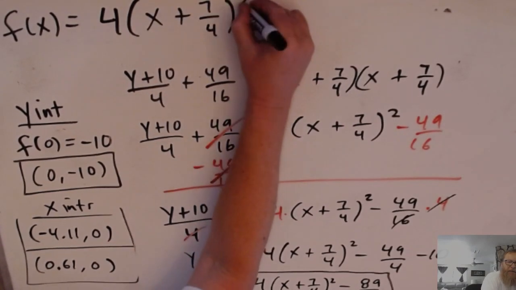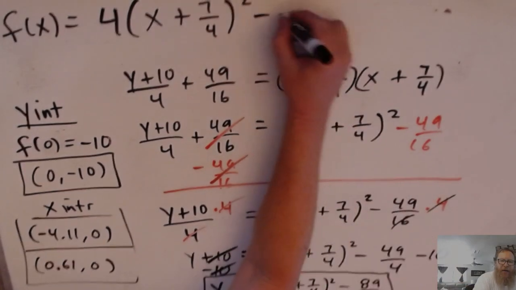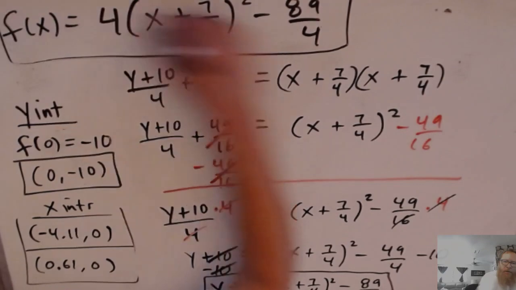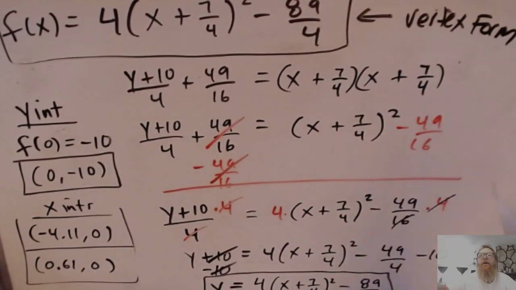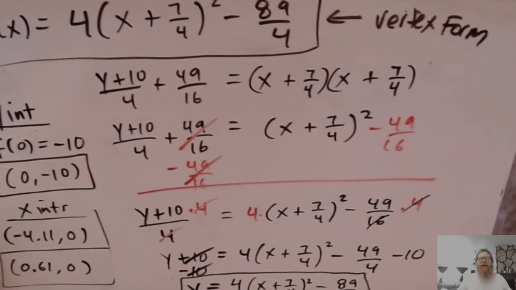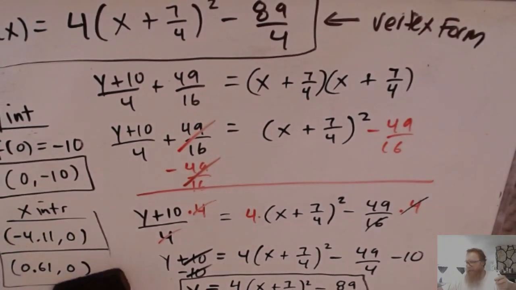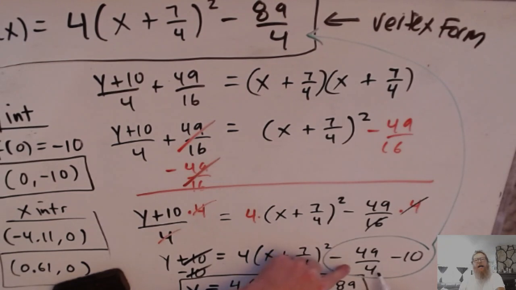While I'm rewriting this, you're probably thinking, how the heck did he get 89/4 out of that? So this is the vertex form. How did I get 89/4? Well, it came from here. 49/4 minus 10.